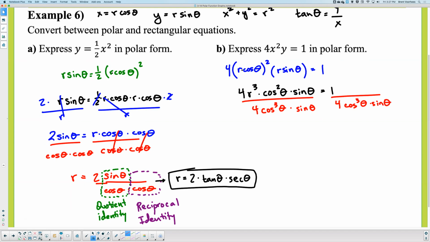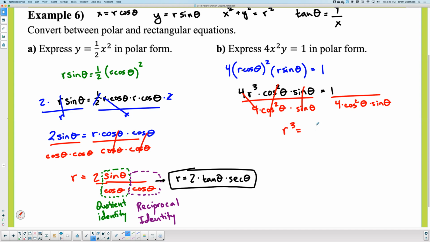And by the way, the cubed is not the theta, it's the cosine. That's what's actually being cubed. So 4's cancel. Cosine, oh my goodness, that's not a cosine cubed. It's a cosine squared. Let's fix that. And the sine cancels. So what am I left with?